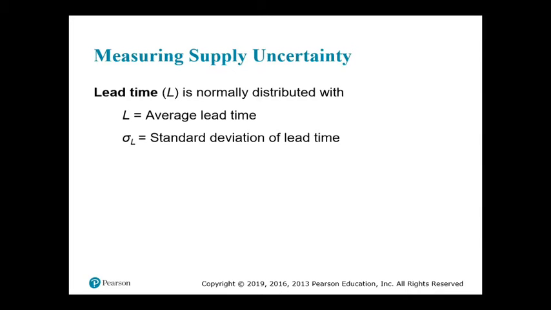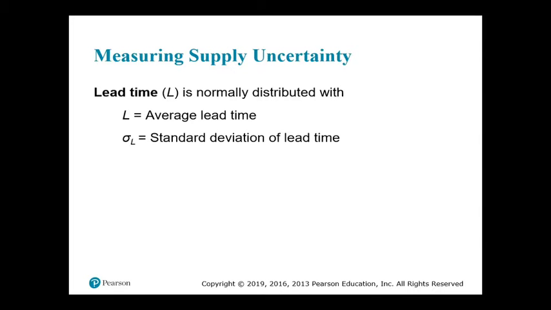And similarly, supply uncertainty can be measured as the uncertainty in the supply lead time. Of course, you can go into the nitty-gritty of, say, sometimes the supplier doesn't deliver the asked amount, but usually that is a small part of supply uncertainty.